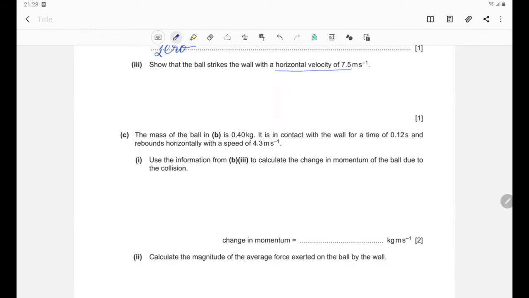Horizontal velocity, as we have mentioned, will be constant throughout the motion. So the horizontal velocity of the ball when it reaches the wall will be the same as its initial horizontal velocity, and that equation is u cos 60, where u is 15. Hence the answer is 7.5 meters per second.